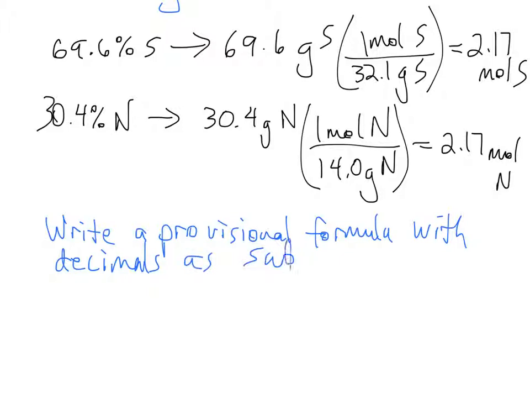And of course that's improper, but we don't care because that's the way we can get to the answer. So if we had worked out that there is 2.17 moles of sulfur, let's write a formula with S and the subscript 2.17. Similarly for nitrogen, we had worked out that there's 2.17 moles of nitrogen, so let's put an N and the subscript 2.17.